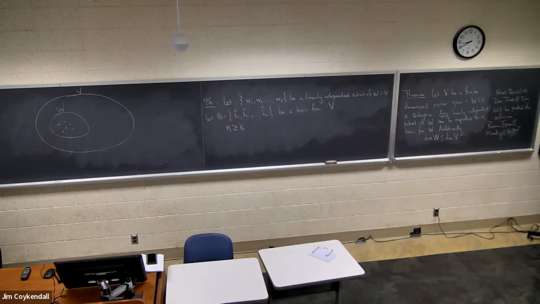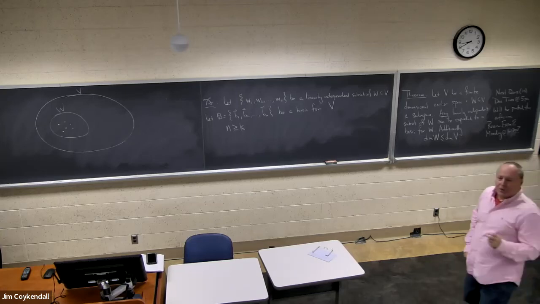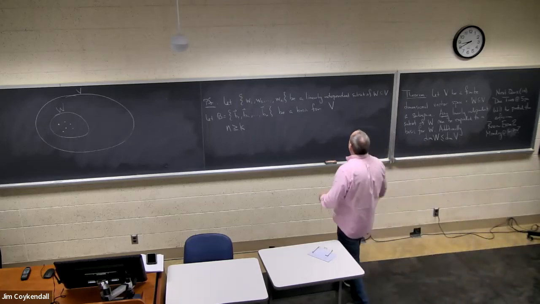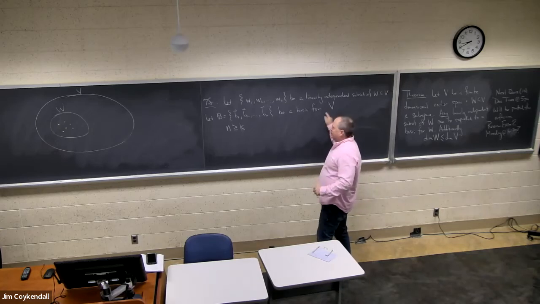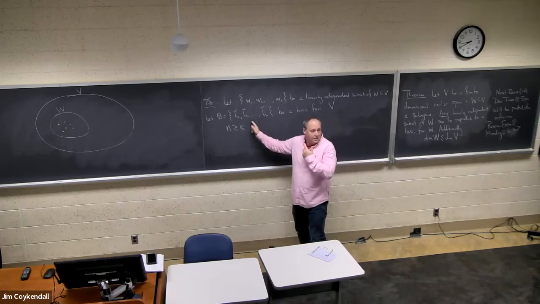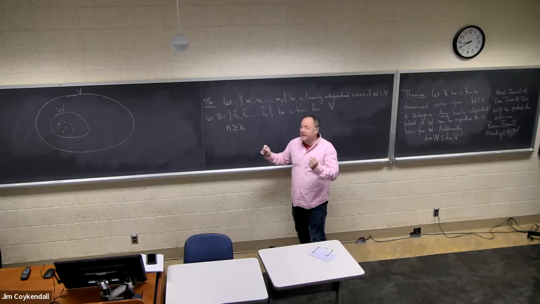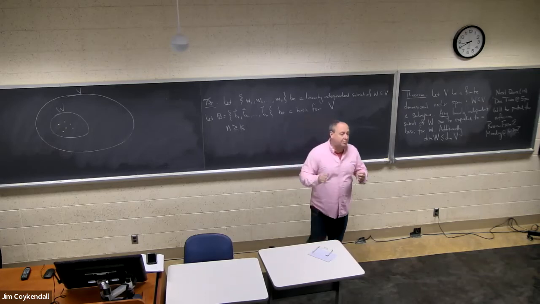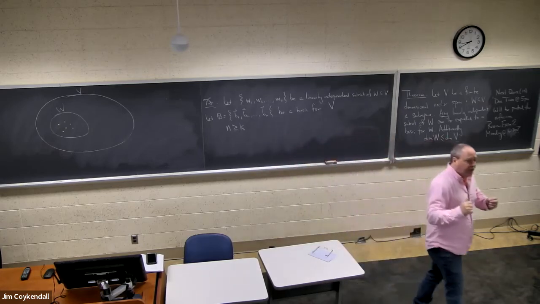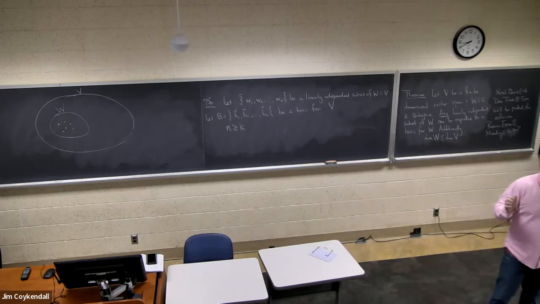Why is that? Well, right. What did the first theorem say? If you have a basis for V, then any subset of V that has more than that number of elements has to be linearly dependent.